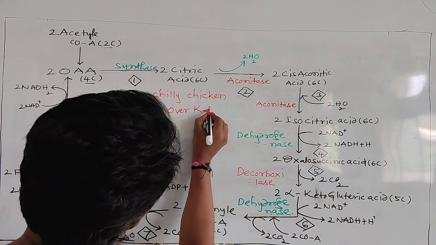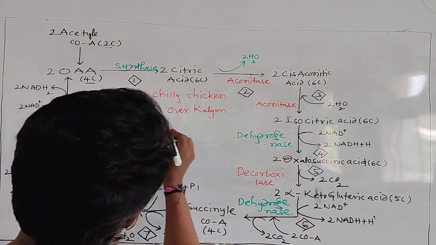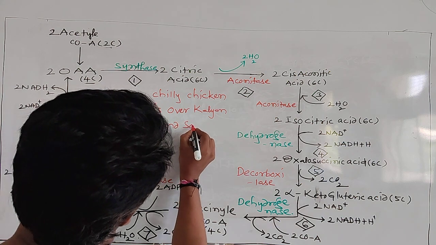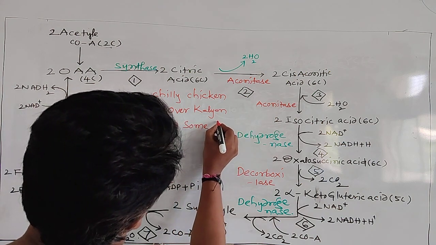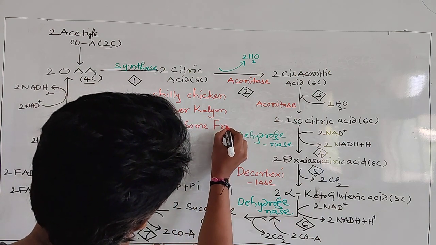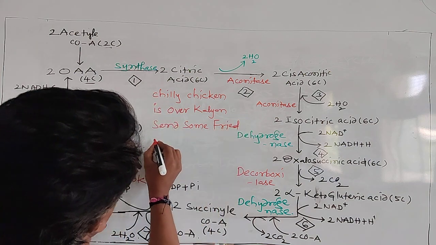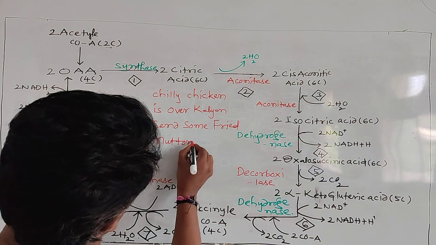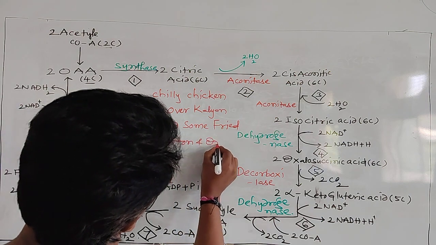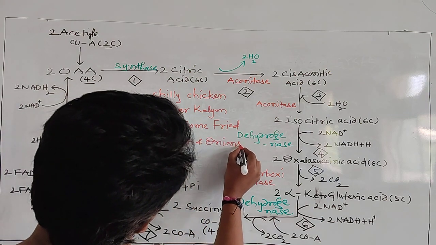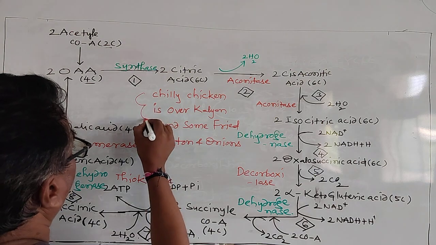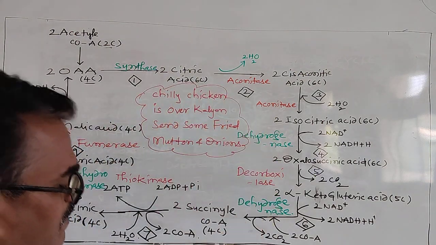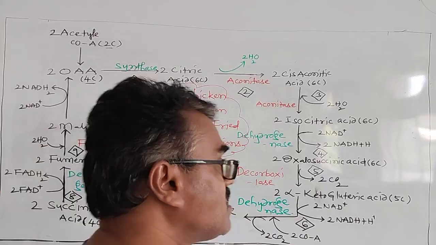Kalyan, send some fried mutton and onions. Okay, this is a small hint to remember all the products in the Krebs cycle.